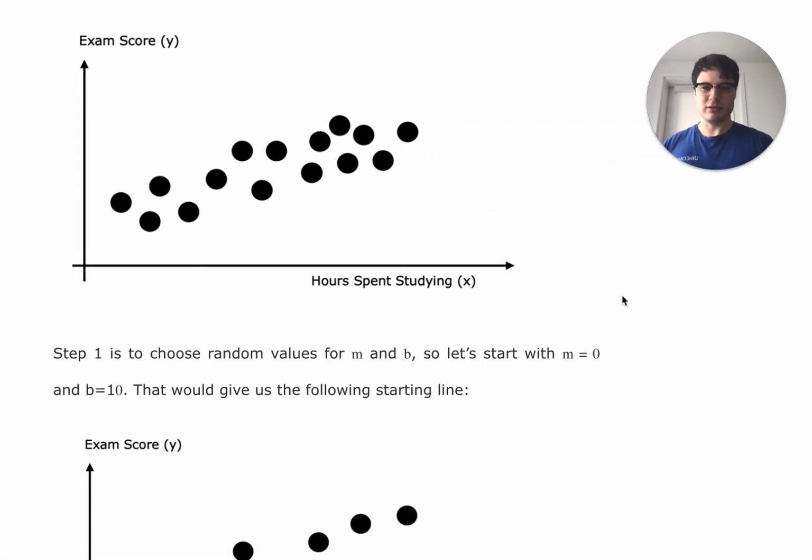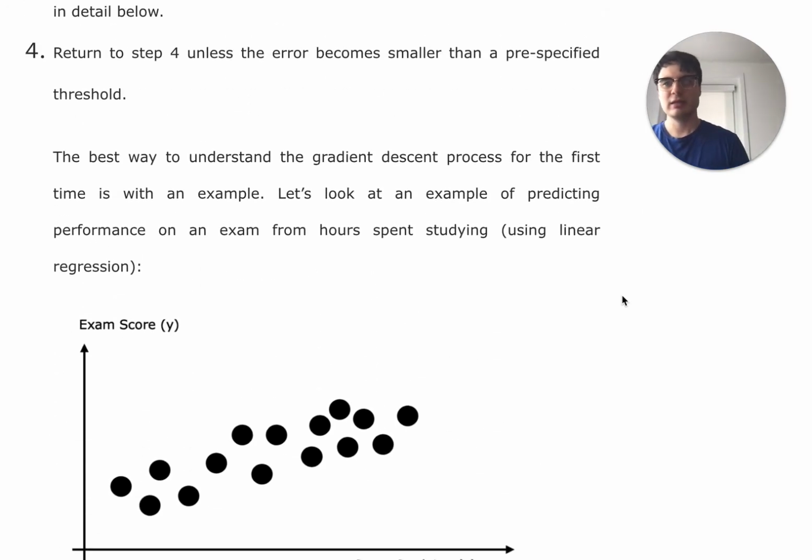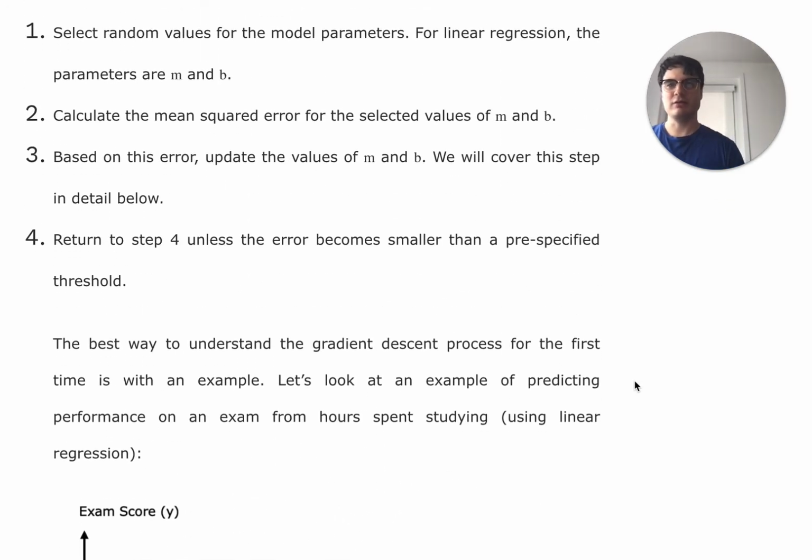using stochastic gradient descent. And gradient descent follows a 4-step process outlined here. So the first step is to select random values for the model parameters. Because we're doing linear regression, those parameters are going to be m and b.